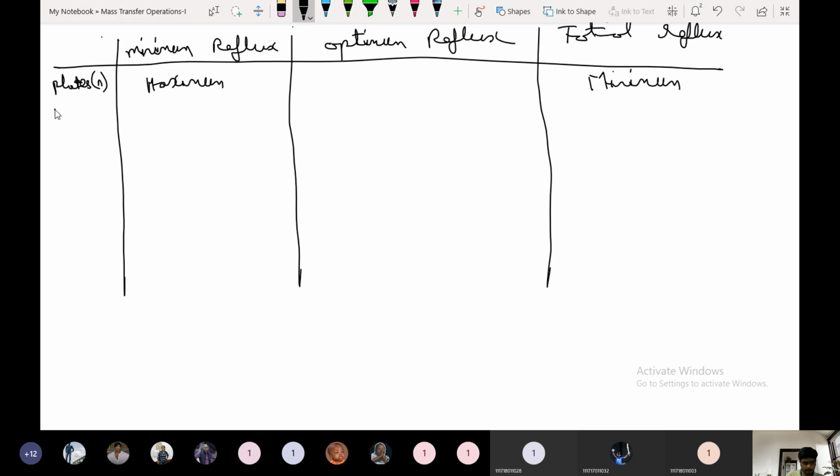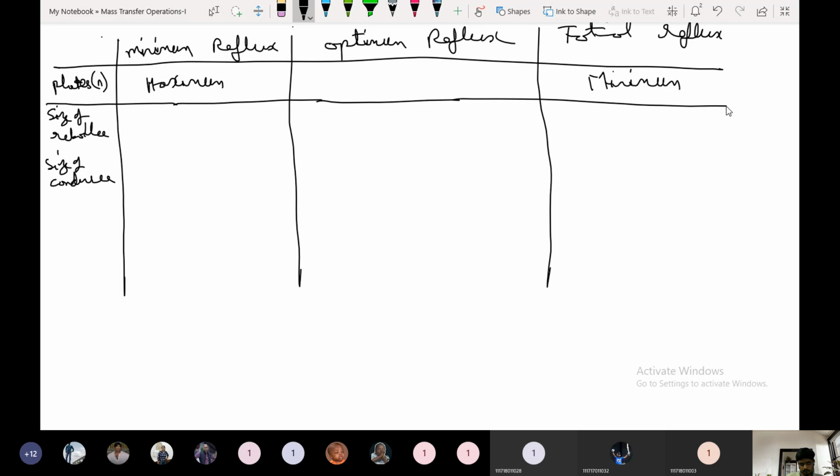Size of reboiler and size of condenser, what may it be?